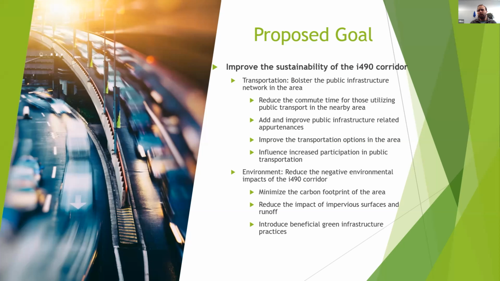So right now, I-490 is used basically only for private use and commercial use, so trucks and things like that. So there's no public infrastructure utilizing this corridor right now. So I would like to utilize this corridor to reduce the commute time for those utilizing public transport.